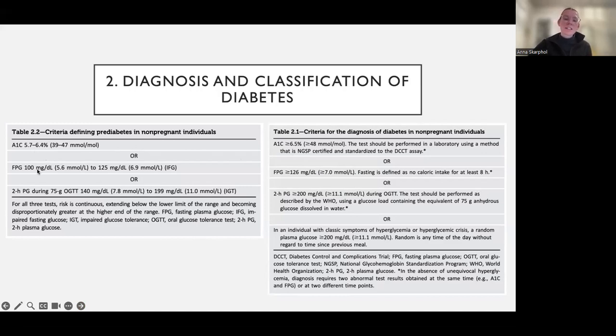Also looking at the fasting plasma glucose or the 2-hour test there as well. And then a reminder that pulls through at the bottom of one of these is you really need 2 different tests to diagnose a patient with diabetes. So just because you do a point of care A1C test, that doesn't actually mean the patient has diabetes. It's just they need to do another test and they need more screening.